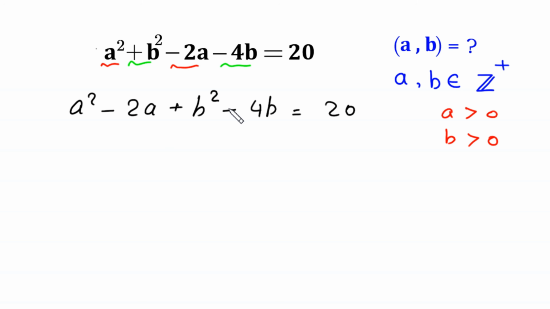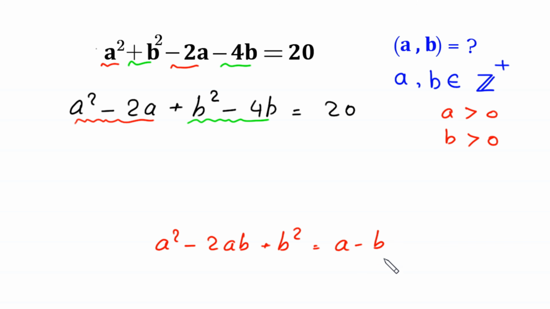Now we want to make this a squared minus 2a a perfect square, and this b squared minus 4b a perfect square according to this algebraic identity: a squared minus 2ab plus b squared is equal to a minus b whole squared.